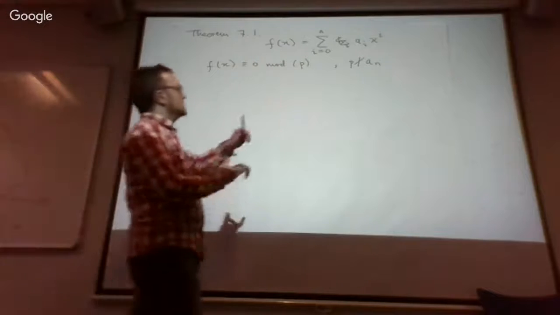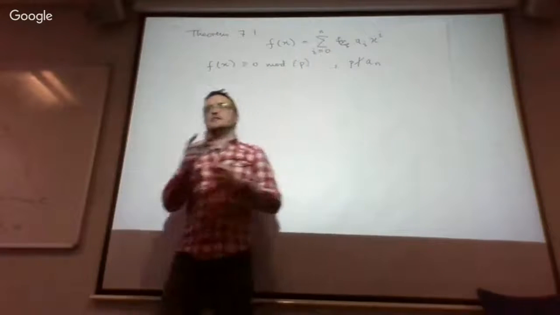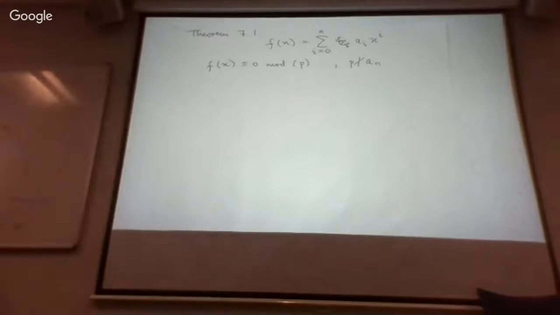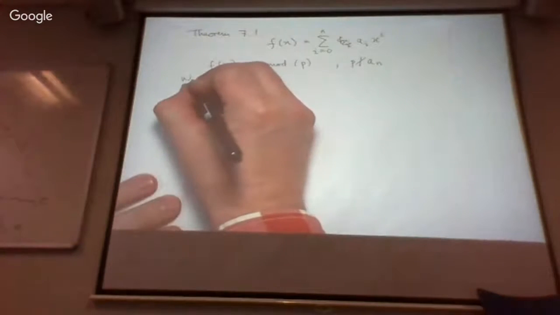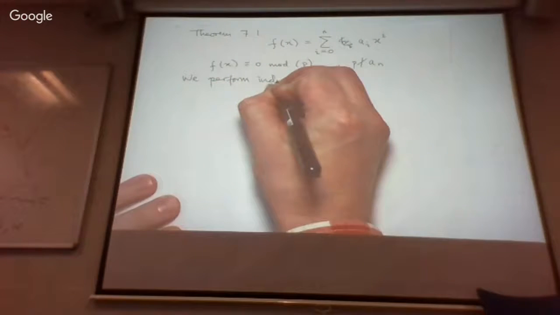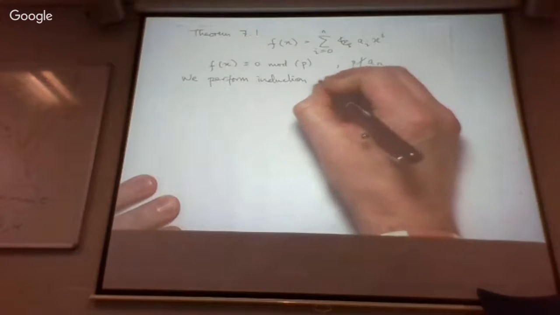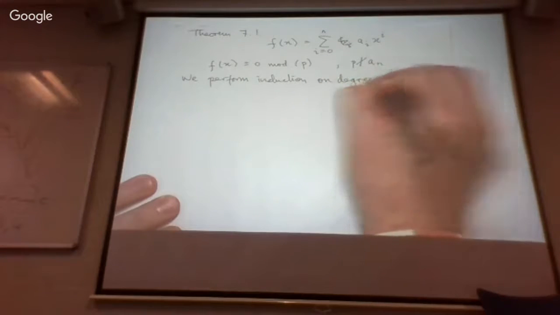The most obvious one to use is that superscript in the summation, the degree of the polynomial. So we perform induction. I'll try not to write too much on these pages because it is all in the proof in the notes. So we perform induction on the degree n of the polynomial.